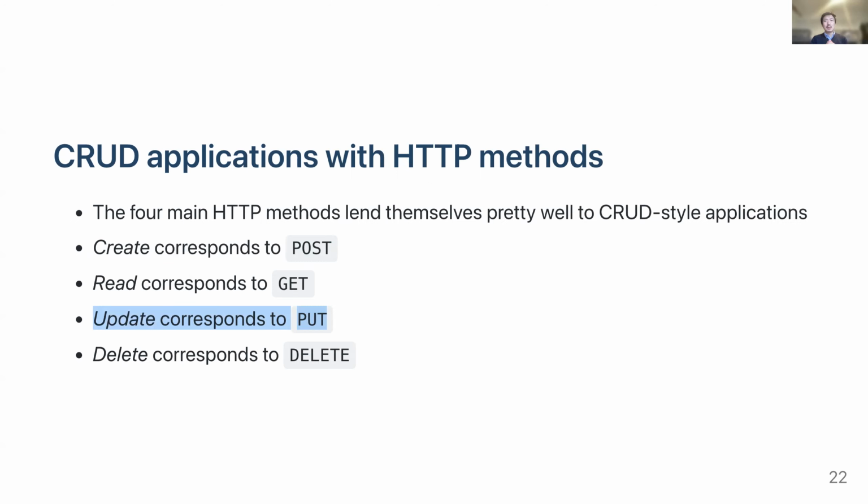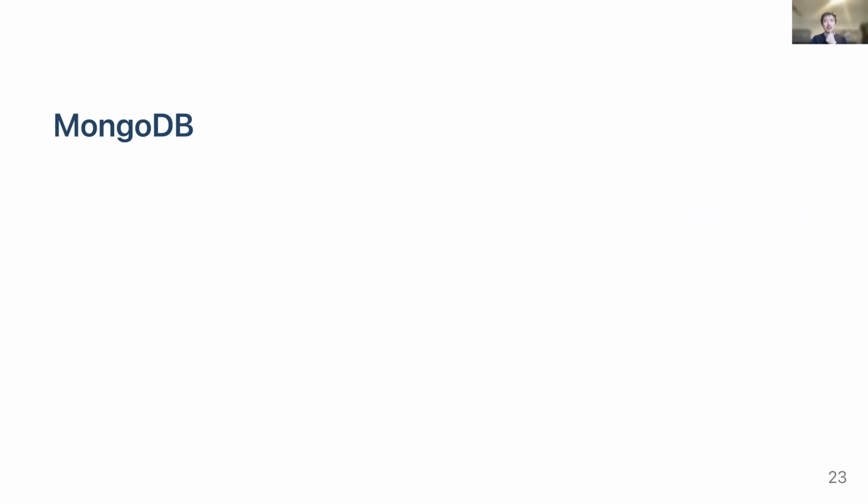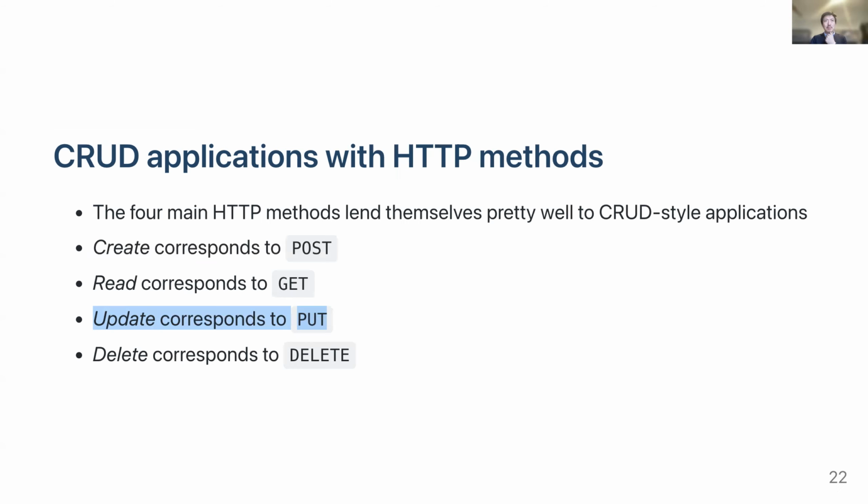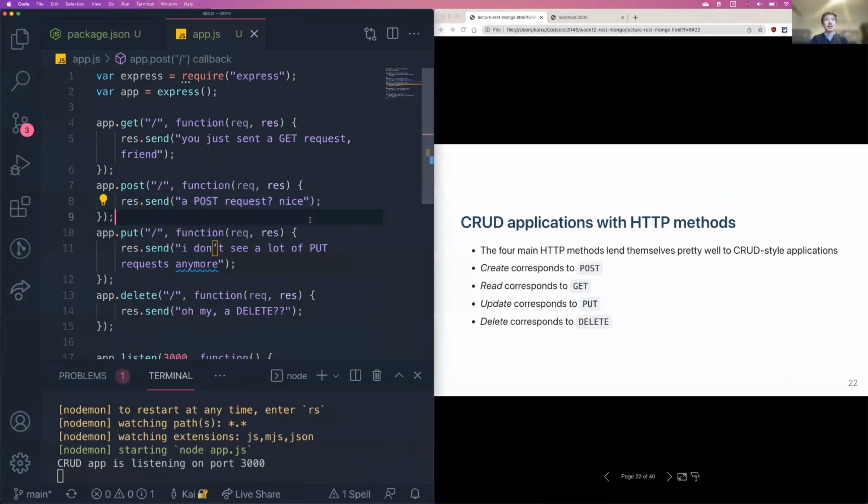Okay, and so we're going to switch topic a little bit now and talk about MongoDB, and then we're going to come back to see how we create a more complex version of this, where instead of just sending back text, you actually retrieve something from the database, send a request to the database, get the results back, and send it back to whoever sent you the request.